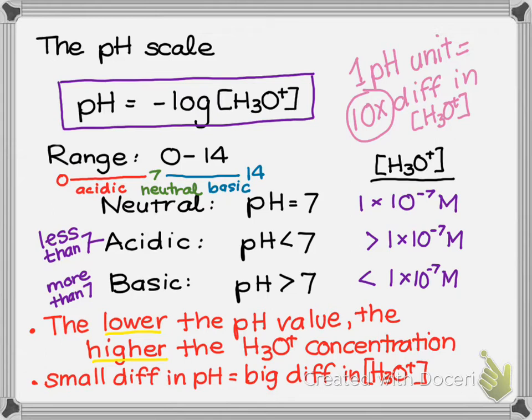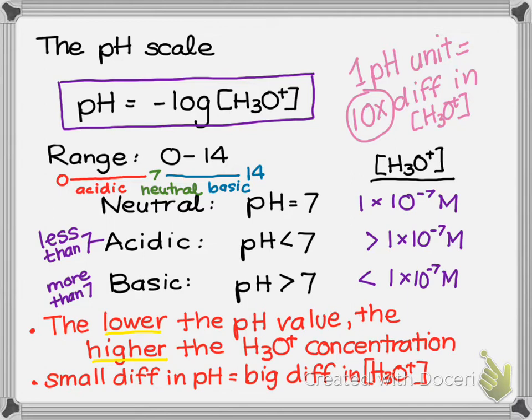And it's not 10, 20, 30. So let's say it goes down to a pH of 5. If I'm comparing a pH of 5 to a pH of 7, that's 2 units in pH. That's 100 times more acid concentration in a pH of 5. So each time you drop a unit in pH, you're 10 times more acid.